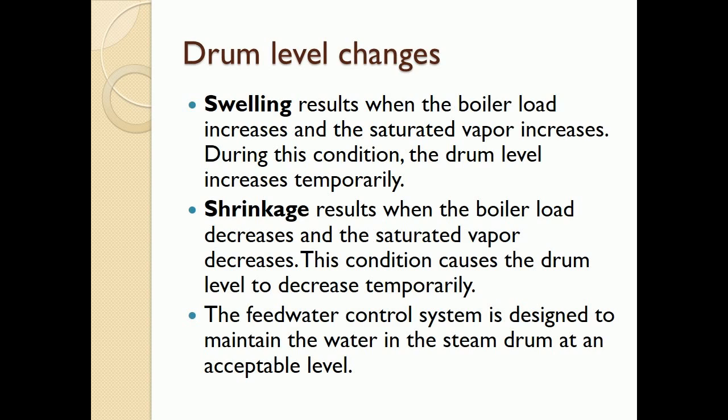This condition causes the drum level to decrease temporarily. And 3. A change in load creates a discrepancy between the steam flow and the feedwater flow. The feedwater control system is designed to maintain the water in the steam drum at an acceptable level during normal operations.